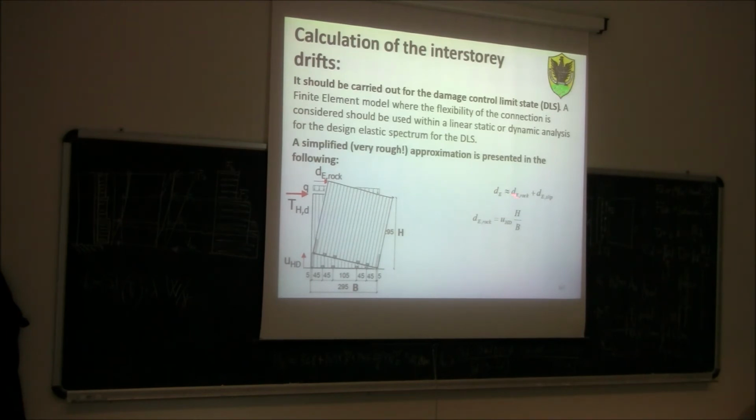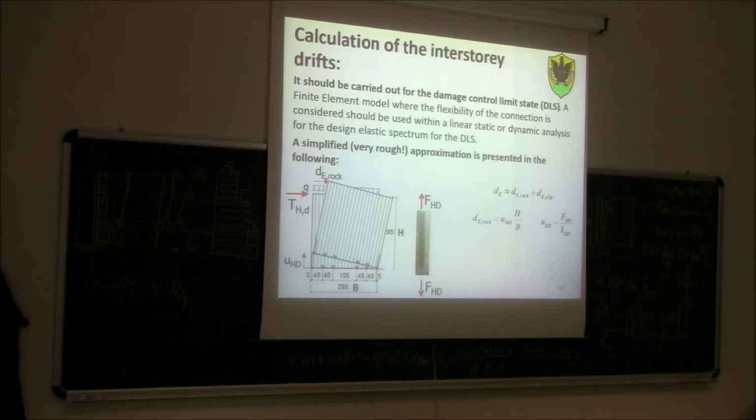Now, of course, this relationship makes sense only if I can estimate UHD. How can I estimate UHD? Well, I need to look at the hold-down. UHD will be basically connected to the flexibility of the hold-down.